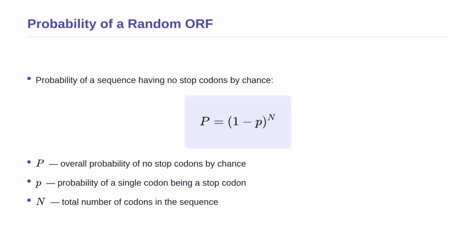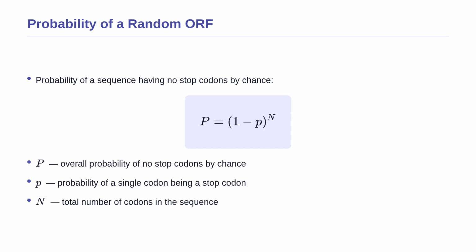This brings us to the mathematical representation of this probability. The formula is P equals (1 minus p) all raised to the power of n. Here, capital P represents the overall probability that a sequence of codons has no stop codons, by pure chance.